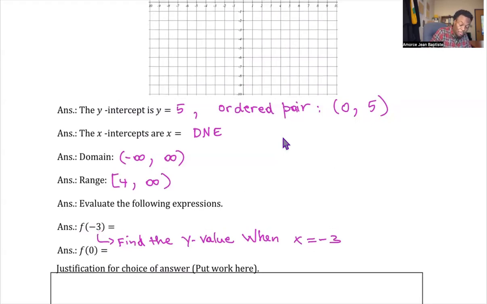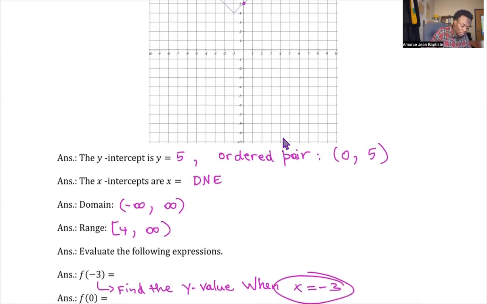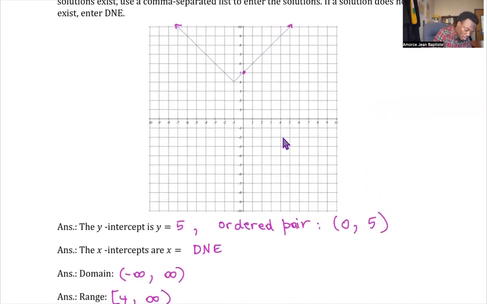So x equals -3. Let's look at this on the grid. That's -3 here. Now, how many steps should we take up or down to touch the graph from -3? The number of steps up means that y is positive, and the number of steps down means that it's negative.